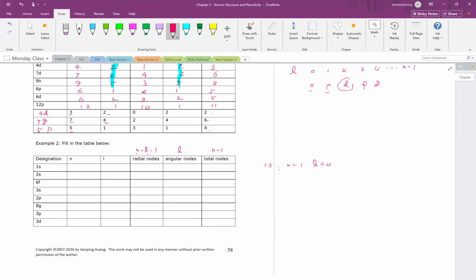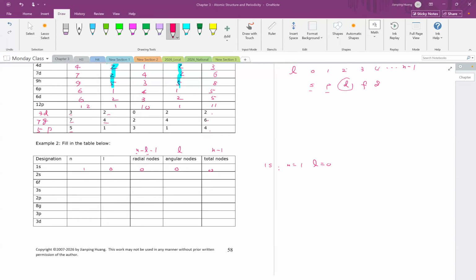Now let's do that. I'm very quick to do that. Let's see. Here it's 1, 0, 0, 0, 0. Did you see? The total nodes can be 0, cannot be negative. Thank you for the question. Cannot be negative. Why?